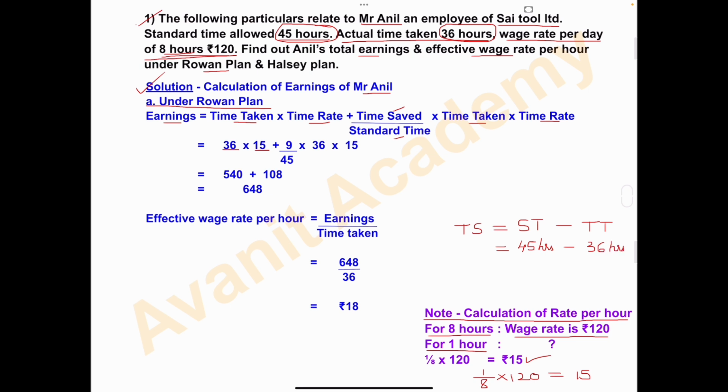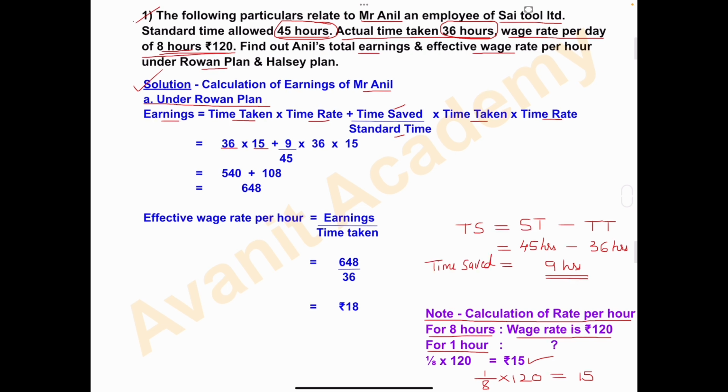So 45 hours minus 36, time saved is 9 hours. So time saved 9 hours divided by standard time, 45 hours, into time taken, 36 hours, and time rate we have calculated, that is 15.